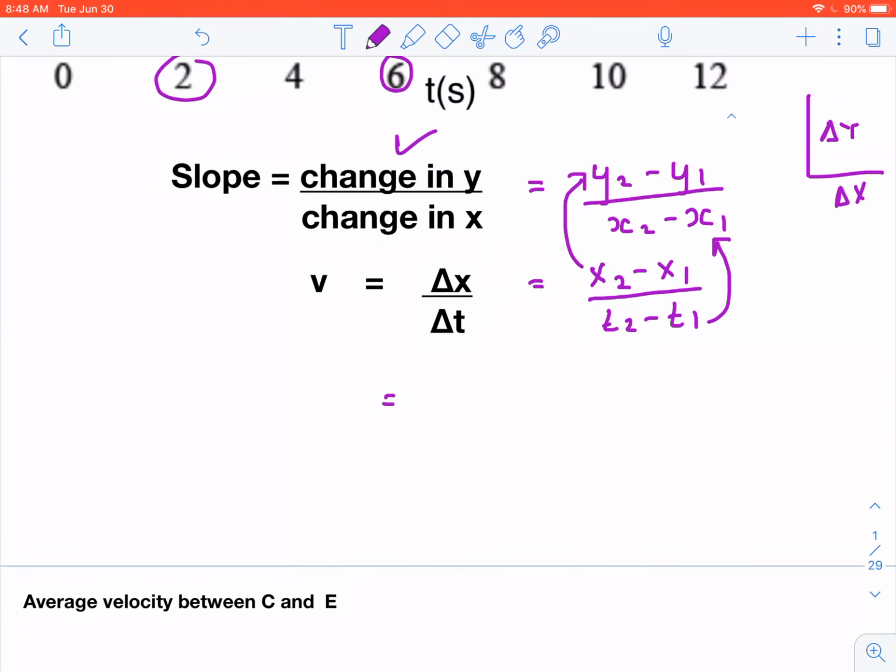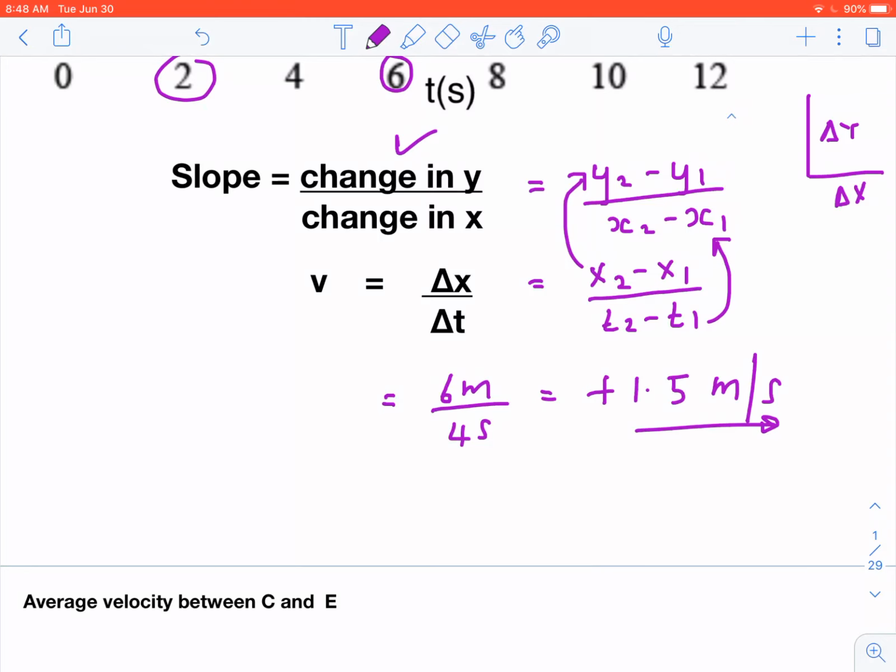So which would mean that the change in x is 6 meters, all upon the change in time of 4 seconds, and that gives us 1.5 meters per second. That's the average velocity, and it is plus.